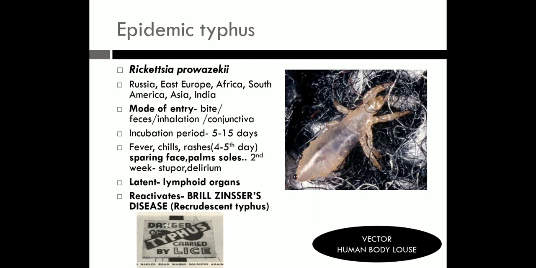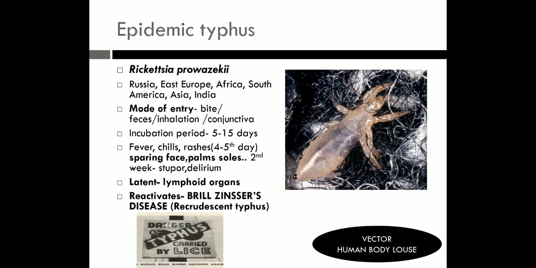So let us see what is epidemic typhus. Epidemic typhus is primarily caused by the organism Rickettsia prowazekii, and it is transmitted by the human body louse, which is called Pediculus humanus corporis, usually while taking a blood meal from the infected patient.